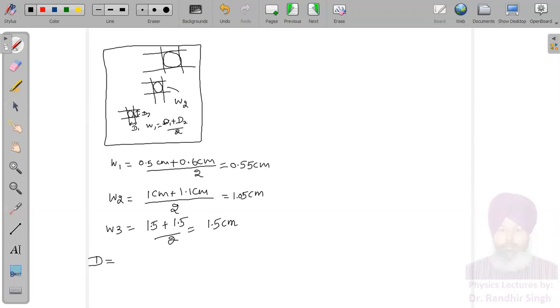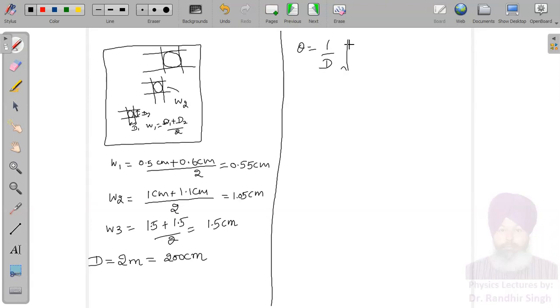Okay. So now the distance of the screen every time was 2 meter. I would like to convert it into centimeter. This will become 200 centimeter. So let us now find theta. According to the formula, theta is 1 by capital D into square root of w1 square minus 2 w2 square plus w3 square upon 2.